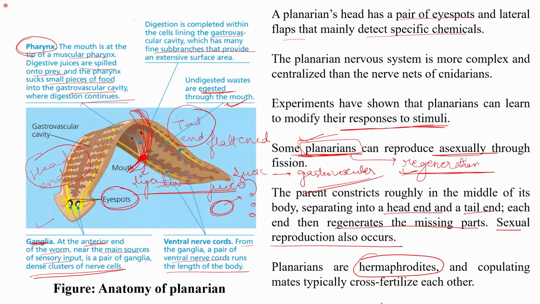Both male and female reproductive organs are present in the same organism, but they undergo cross-fertilization. That is, the sperm of one organism will fertilize the ovum of the other organism. So it's a cross-fertilization.